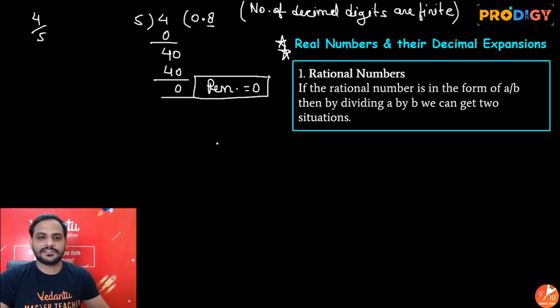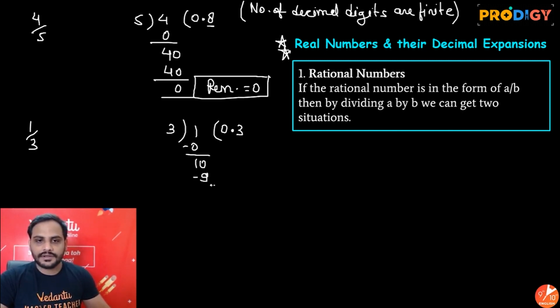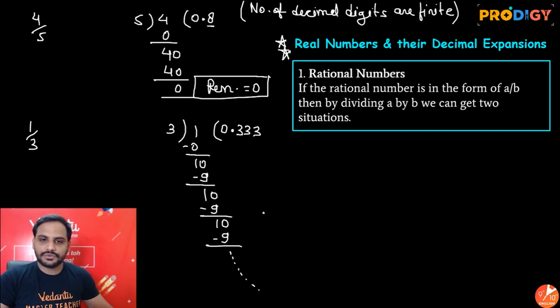Now let's say the next situation, which is 1 by 3. If I divide 1 by 3, 3 zeros are okay, it will not divide. 1 is the remainder, put decimal. Then 10, at every step 10 is allowed. So 3 3s are 9, remainder 1, 10 I can put. Again 3 3s are 9, remainder 1, again 10. This process will continue, and here also we'll keep getting 3.